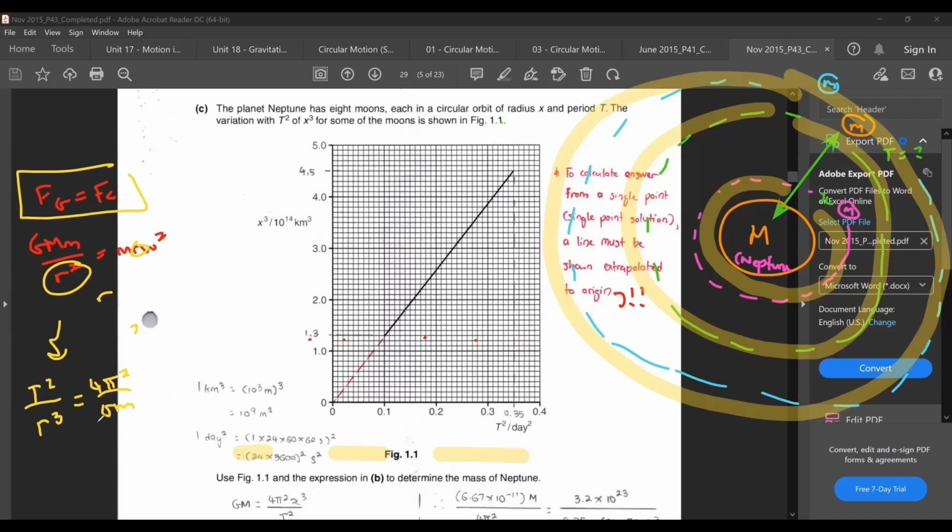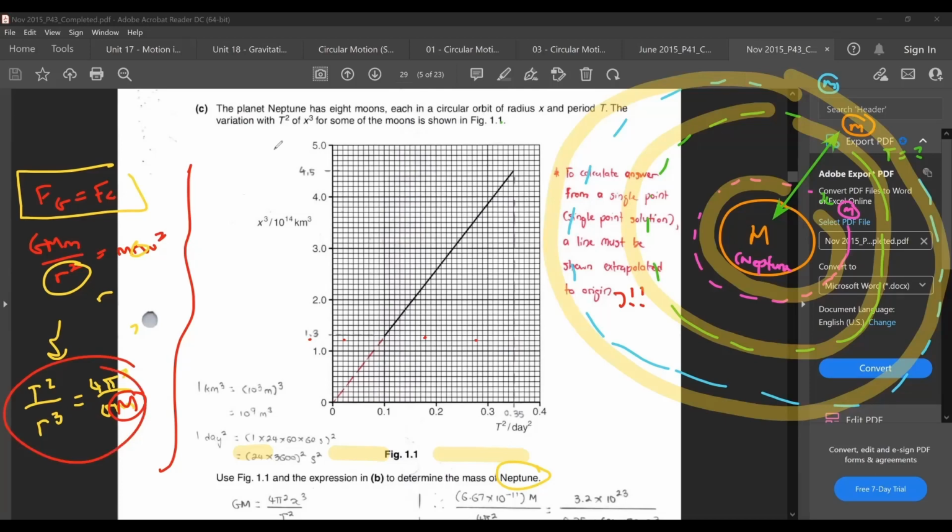All right. Now here, they want you to find the mass of Neptune. They're actually asking you to find the value of big M here. Okay. But here they give you a graph. So what you want to do is you try to relate that equation to your graph. Basically, you try to relate what you just derived, which is this form, to the graph.